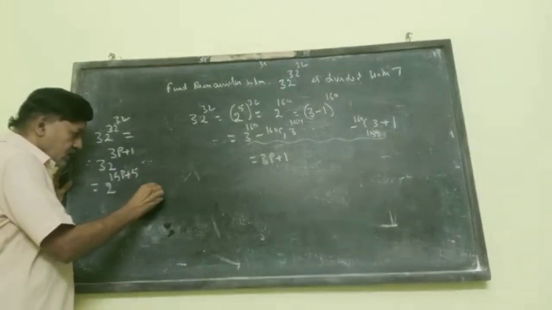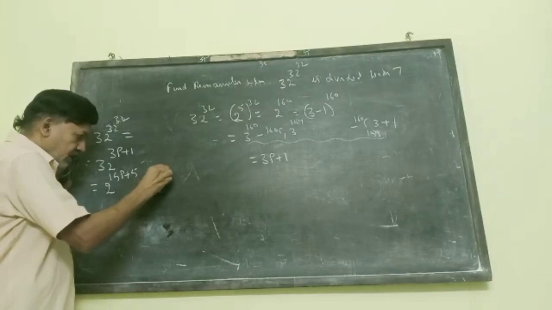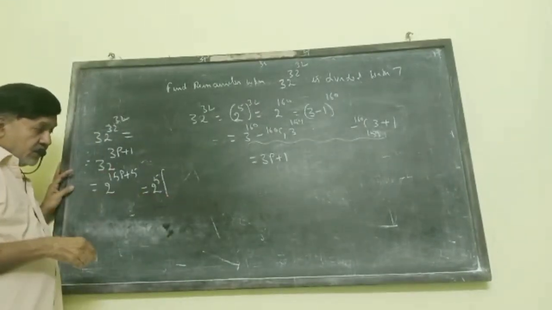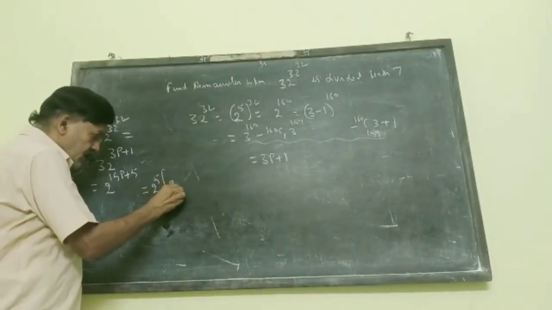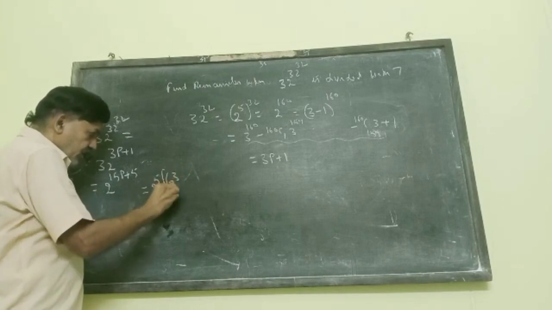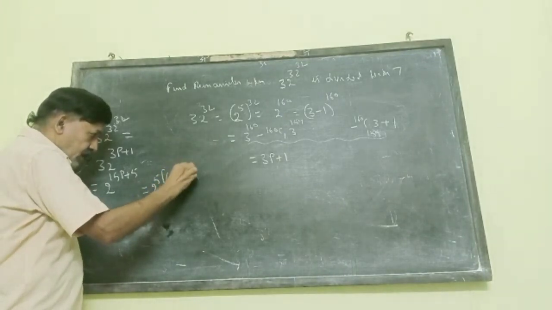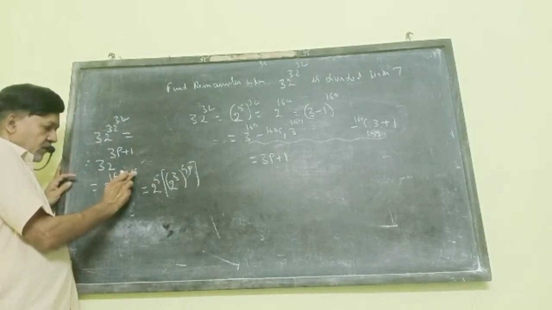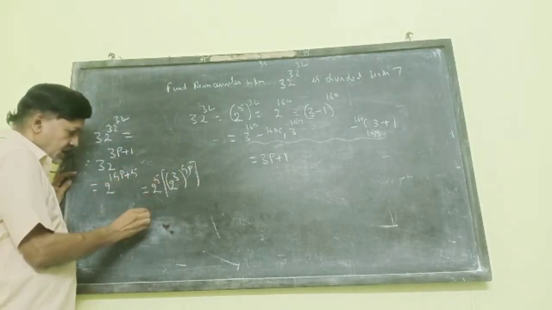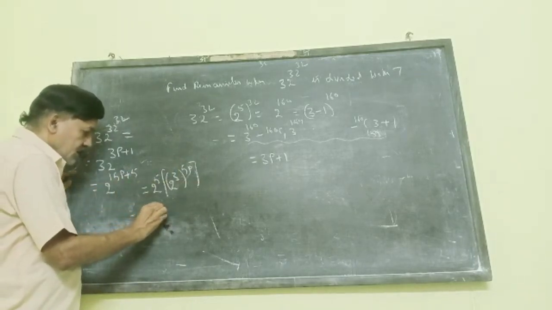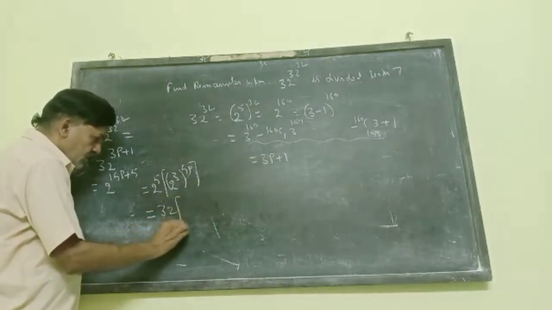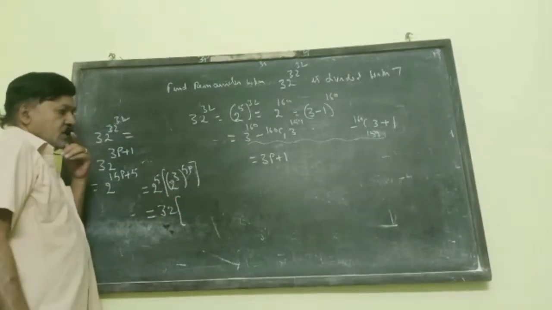This is equal to 2 power 5 into 2 power 15p, and 15p can be written as 2 cube whole power 5p. Is it 2 power 5? 2 power 15p you can write like this. This is 32 into 2 cube, which is what?